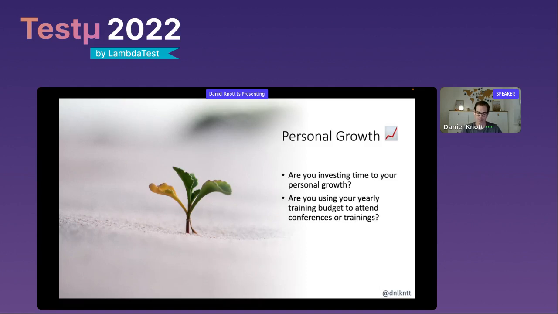And sometimes it's also important to not spend the training budget that you might have on just testing topics, but also on other topics like, let's say, presentation skills or conflict management or time management, or things that are really beneficial for your daily work life, but are nothing that you usually see as the logical next step, right?